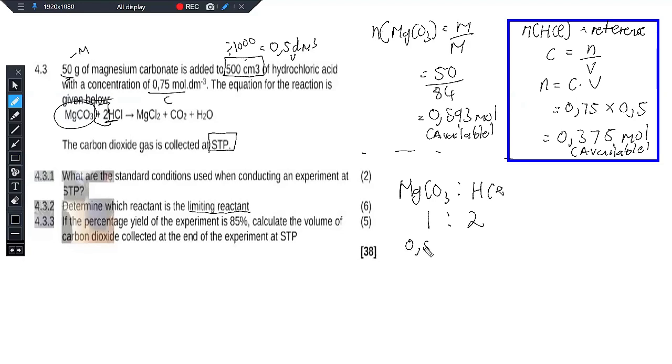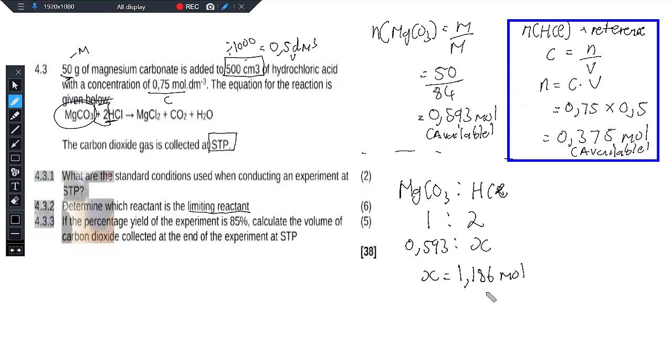It's 0.593. And then we put our X here because this is the reference. What we are trying to get is how much of the hydrochloric acid is actually required to react all of the magnesium carbonate. Then when we cross multiply here, we get X is equals to 1.186 mole.